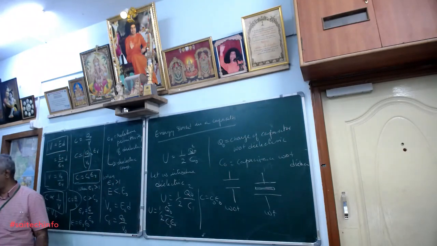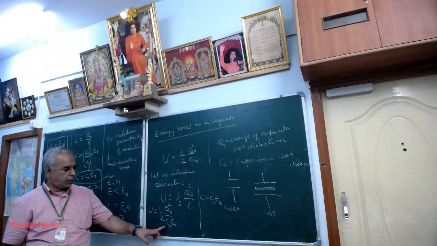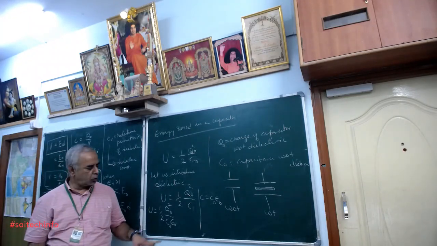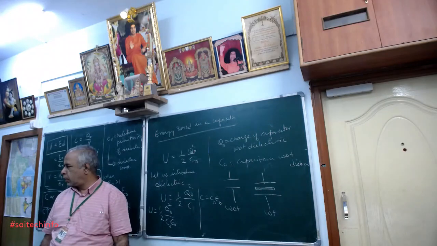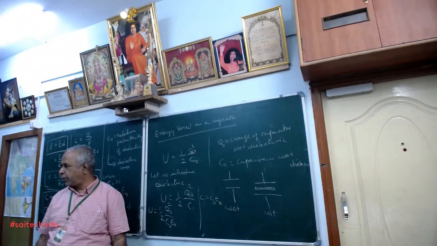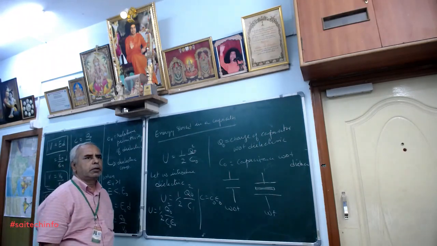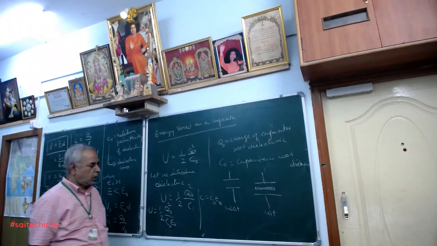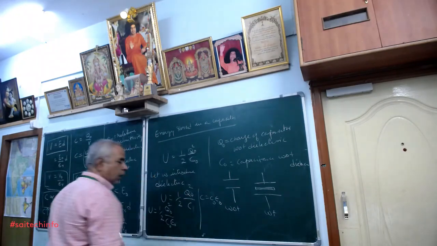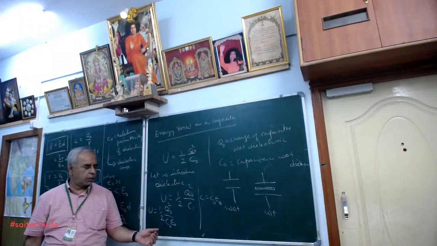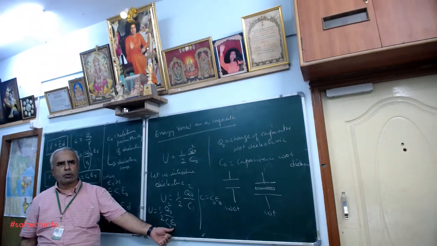C naught is nothing but the capacitance without dielectric. Epsilon naught is the permittivity of free space.